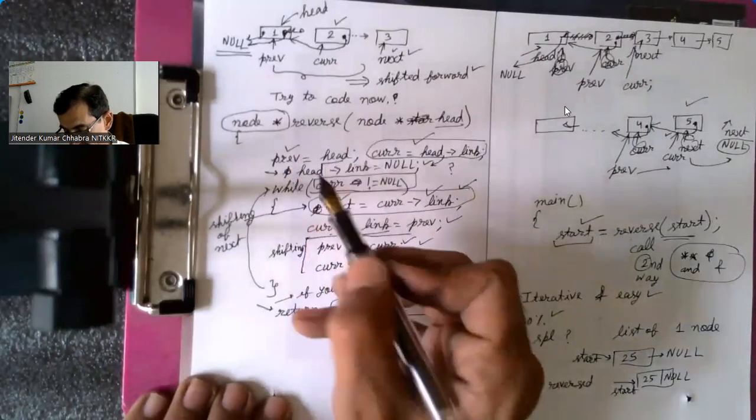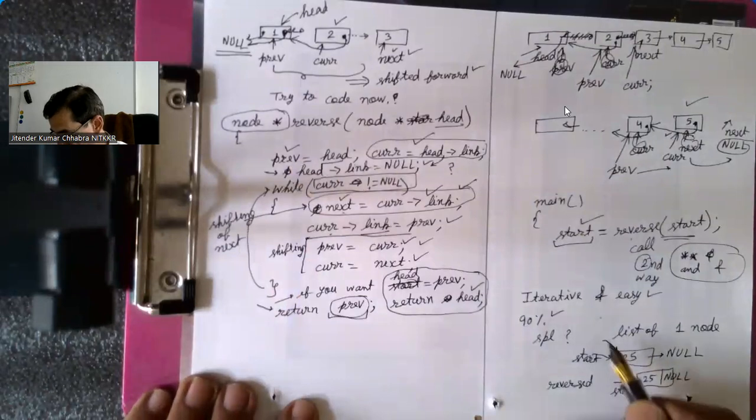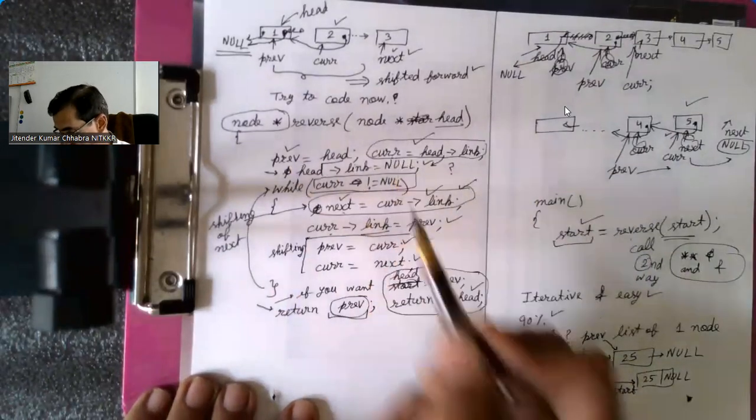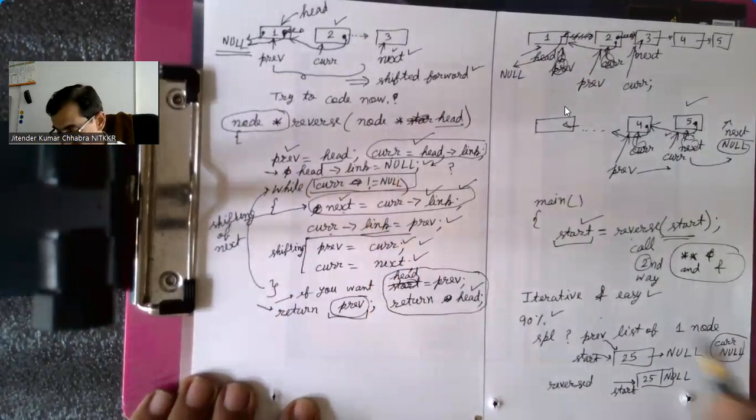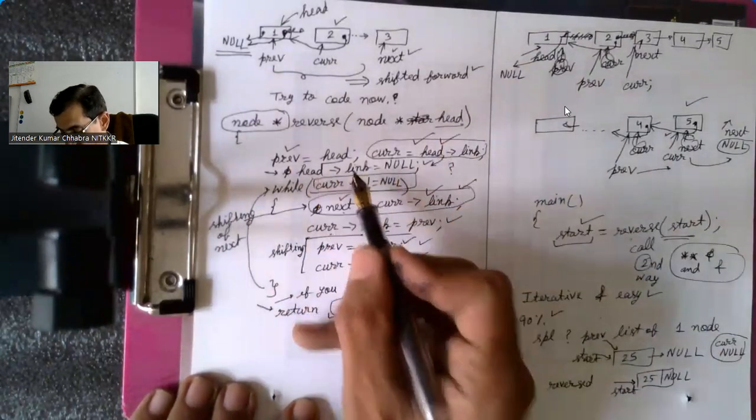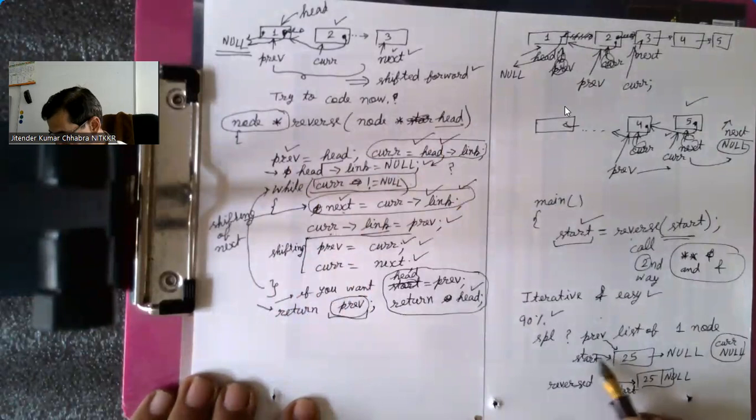Previous equal to head, so previous points here, perfect, not an issue at all. Current equal to head arrow link, so my current becomes null, but the statement works. Perfect. Head arrow link equal to null. This is my head, so I say in this code this is head. Head arrow link to be equal to null, already null.